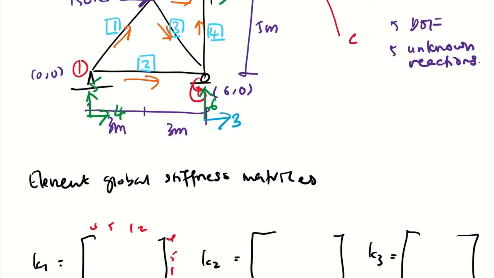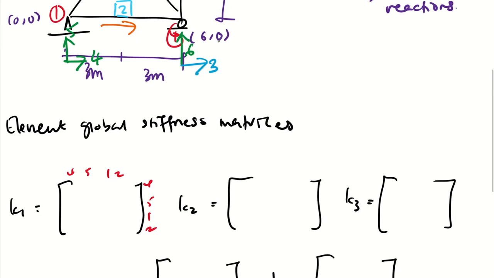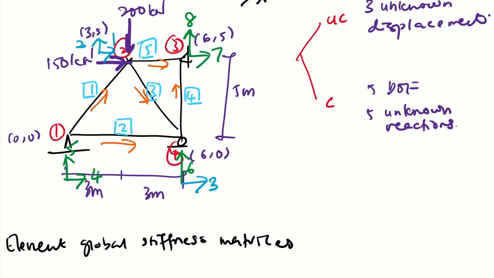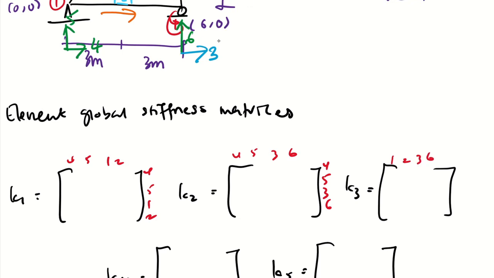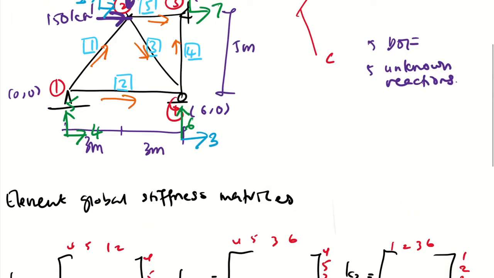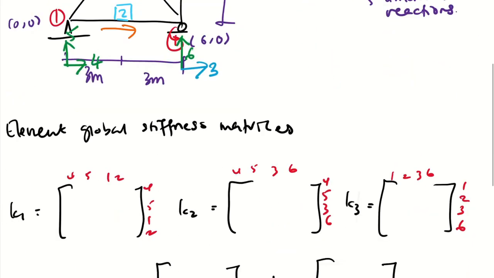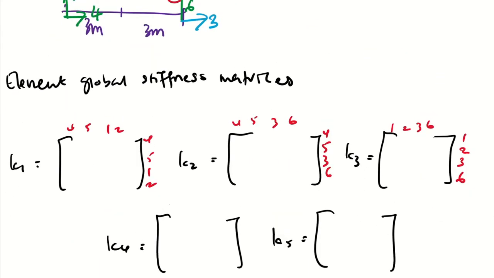Element number 3 is 1236. Element number 4 is 3678.